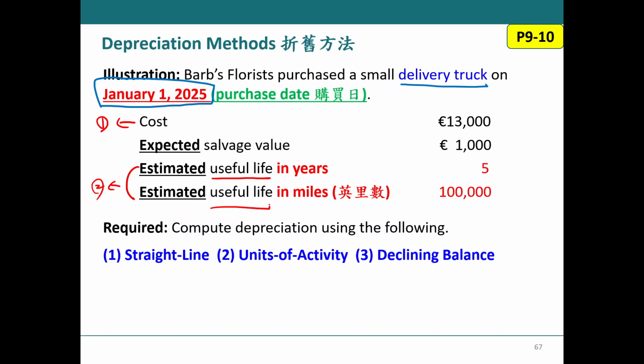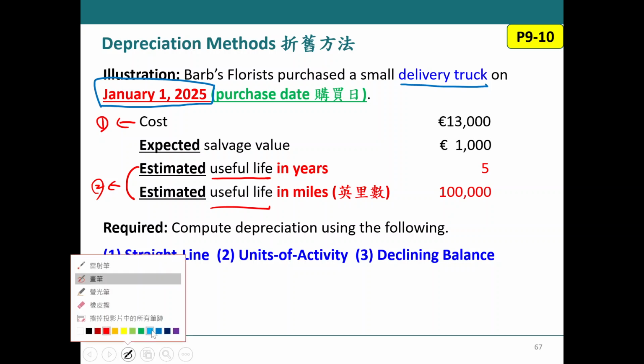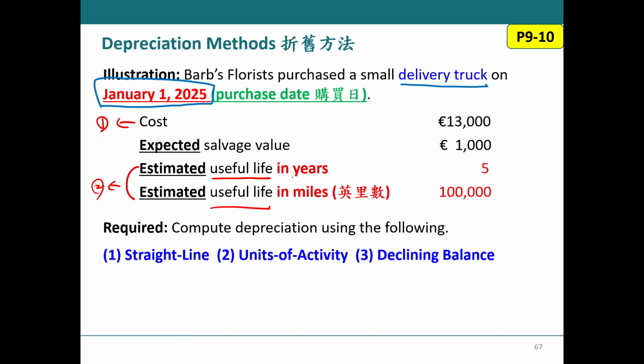But don't forget, useful life, how long you are going to use your PPE, can be time or can be units. So I'm going to use my PPE 5 years, or I'm going to drive my car 200,000 miles. So it could be time, could be units.